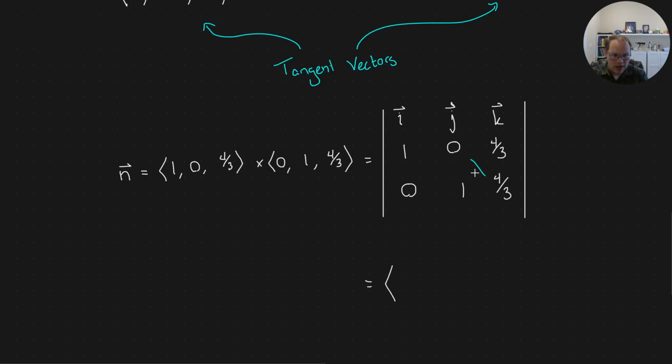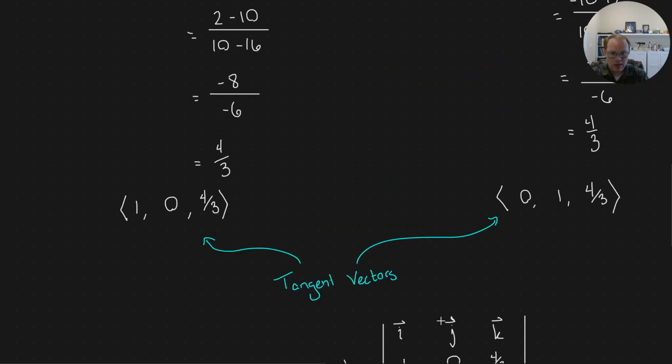For the i component, I get 0 minus 4/3. For the j component, I get 4/3 minus 0, so it's 4/3. But then because it's a j component, it's negative, so -4/3. And for the k component, I get 1 minus 0, which is just 1. So there's my normal vector, -4/3, -4/3, 1.